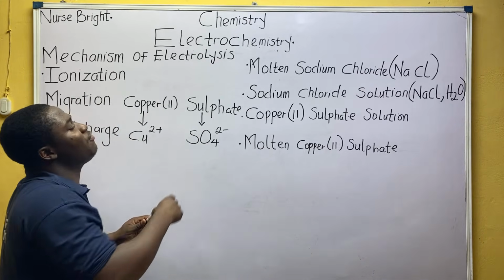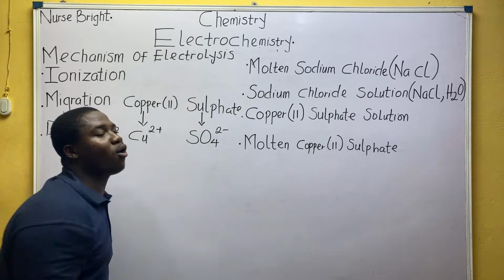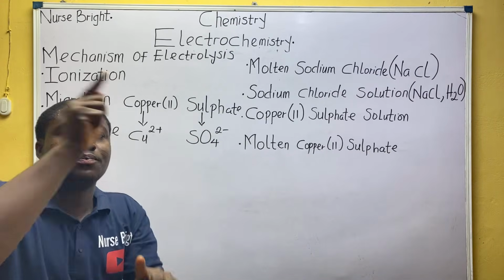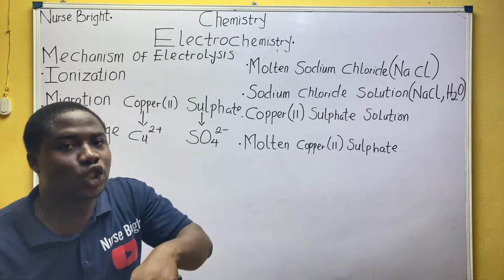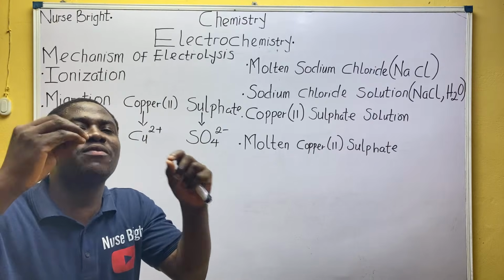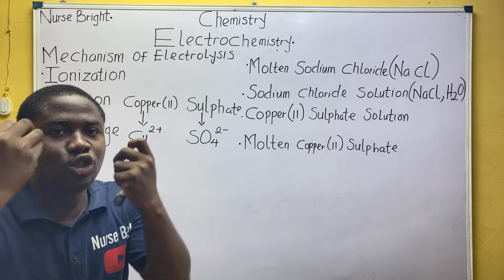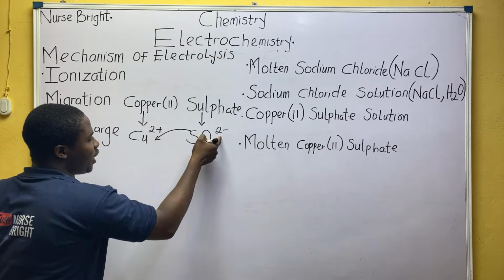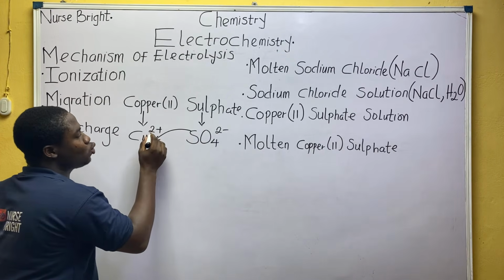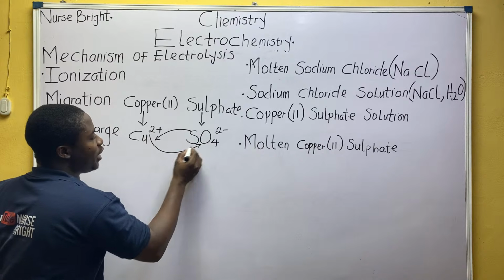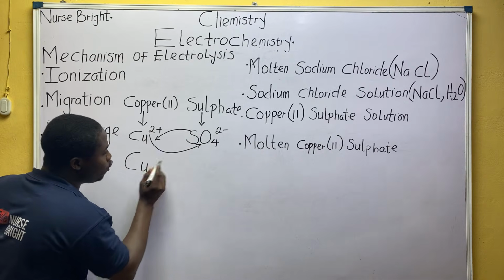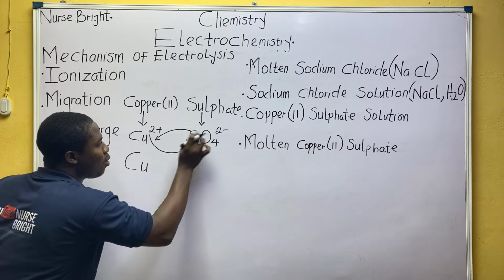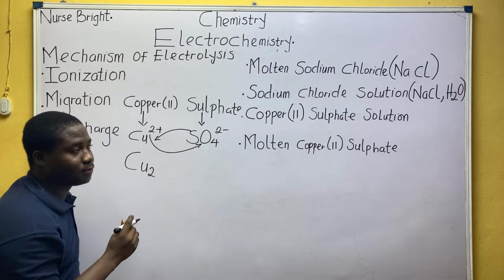So, how do you get the chemical formula for copper 2 sulfate? Very easy. Exchange your charges. But specifically it is the number that is moving, not the signs. Let us move the number. So the 2 that was here will come down here. This 2 that was here will go here. So when that happens, we get Cu with the 2 coming here, Cu2.